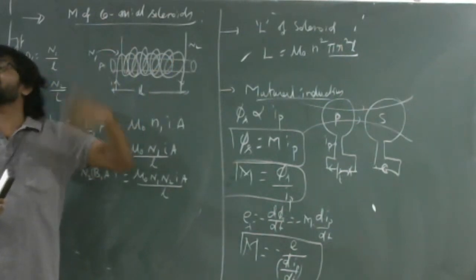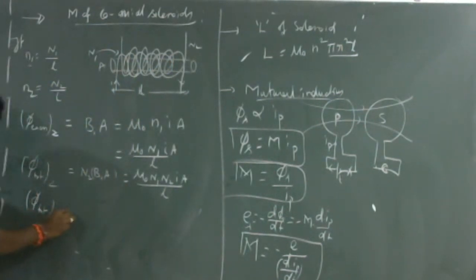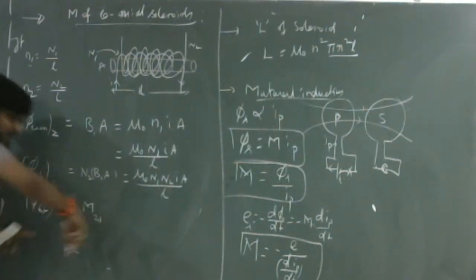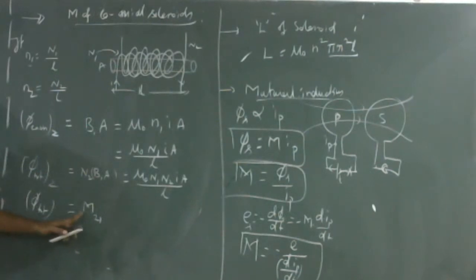That is called mutual induction. So you can express this as M, the induction produced in the secondary coil due to the current in the primary coil, which you can write as M21 into I, since M is proportional to the current.